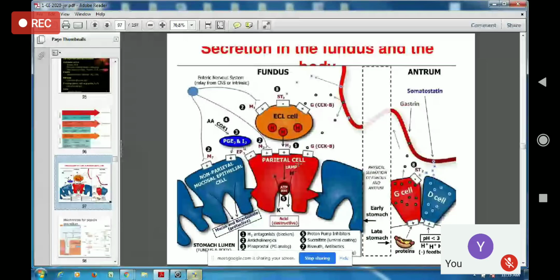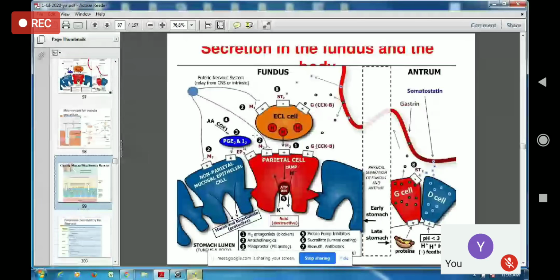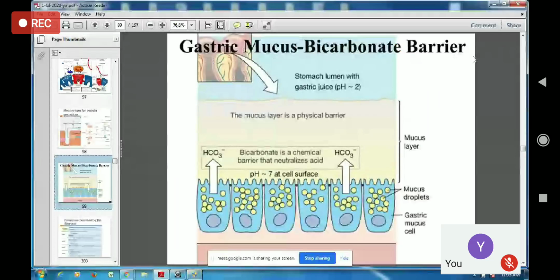Okay, I hope you remember this slide we talked about last time. This is regarding the gastric mucus bicarbonate barrier. This is the answer to the question of why our stomach is not being auto-digested even though HCl is being secreted. The reason is the mucus layer.